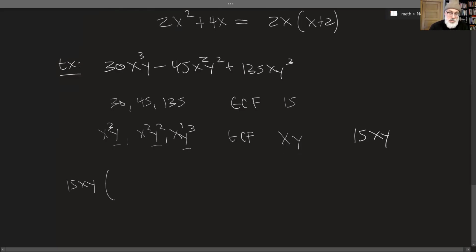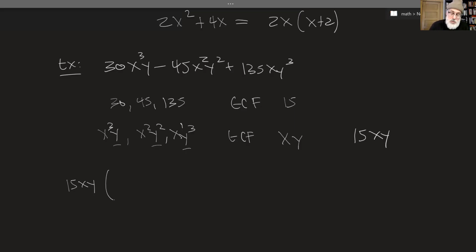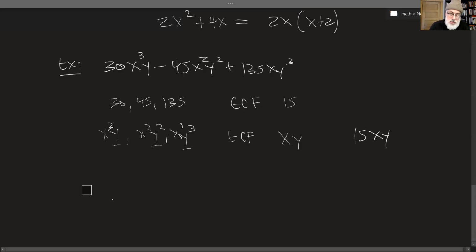So 30x cubed y. Let's do these really quick on the side, and we'll do each term as a division. So obviously 15 goes into 30 2 times.